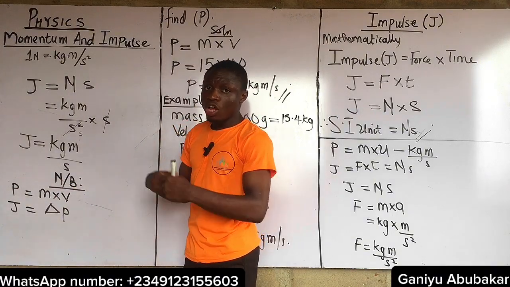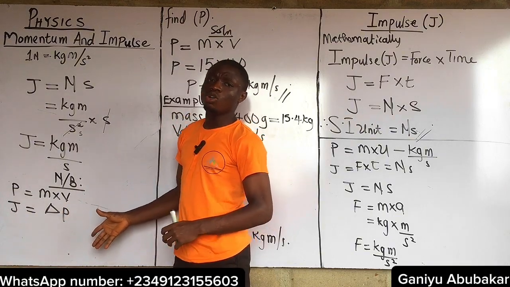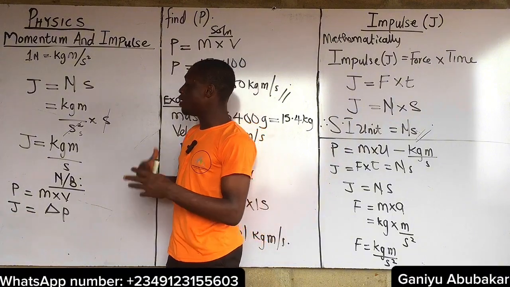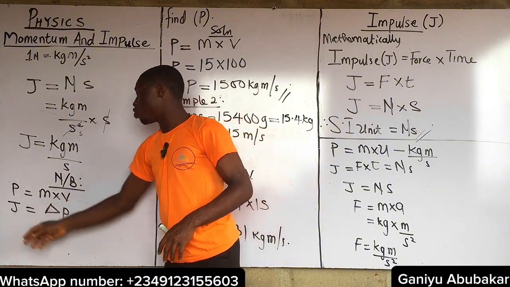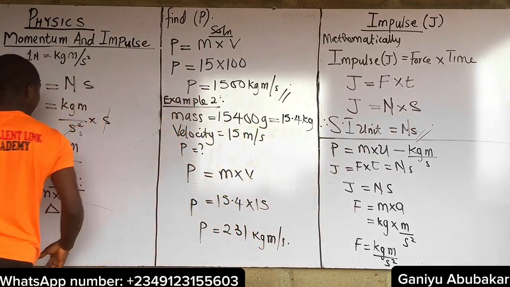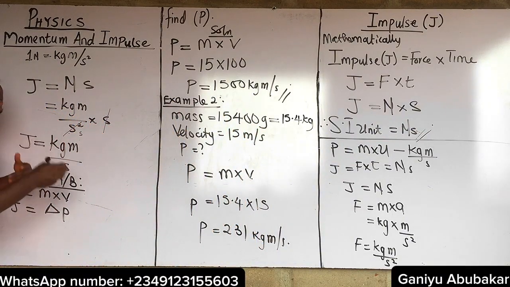We know that. Note that impulse J is equal to change in momentum. So the increase or decrease in momentum is called what there? Impulse. So impulse is simply the increase or decrease in momentum. That's like the difference between them.